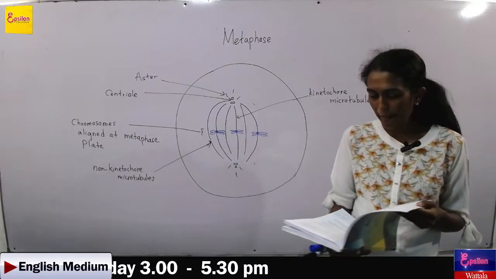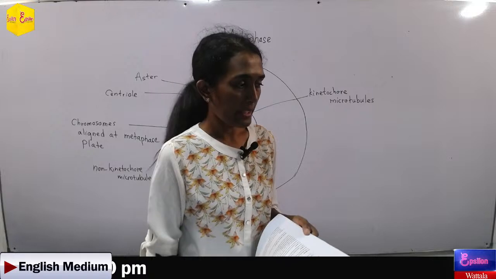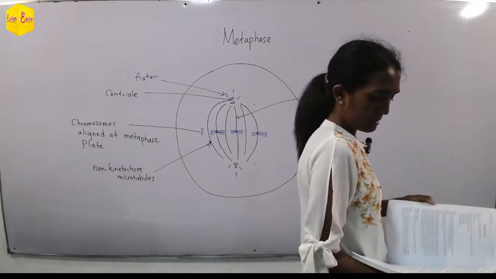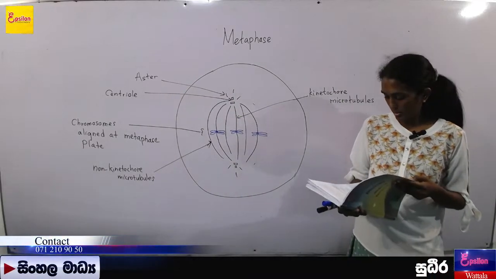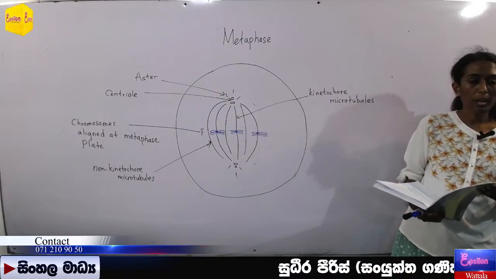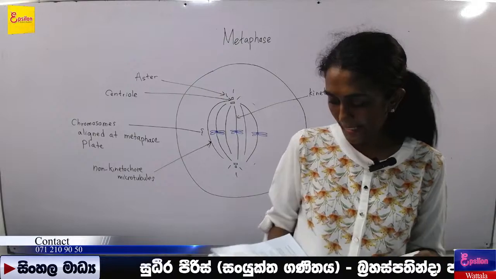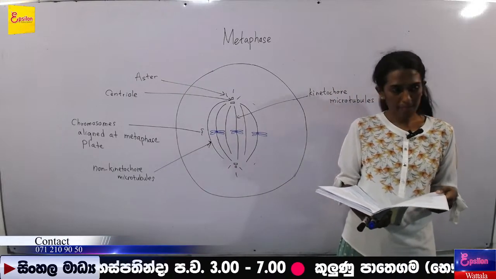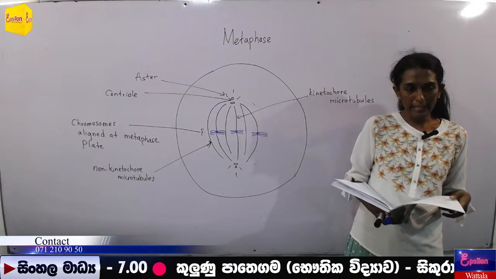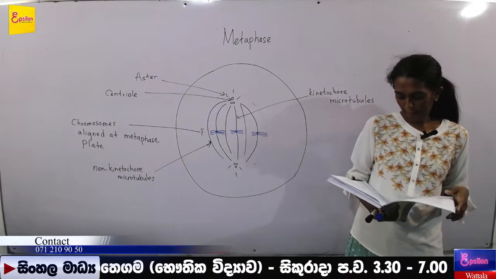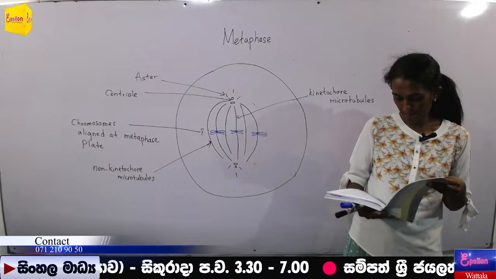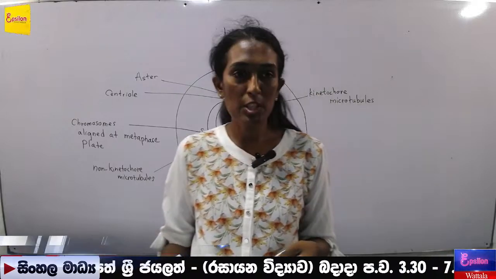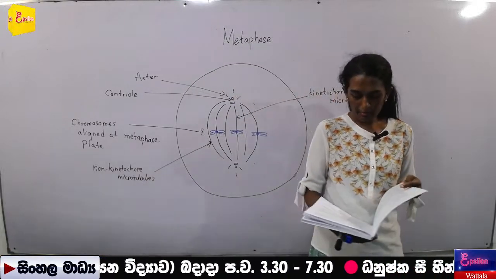The chromosomes have arrived to a place called the metaphase plate, which is located at equal distance from each pole.